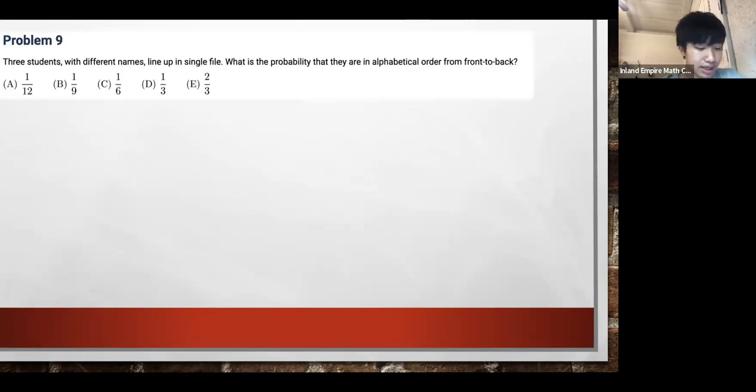So with problem 9, this is a lot more interesting of a problem here. So does anyone have any ideas for how to solve this question?